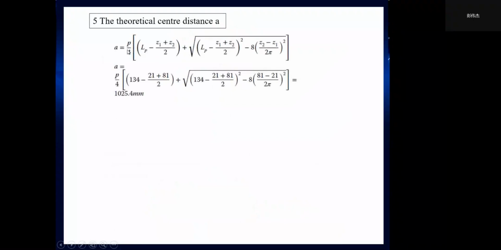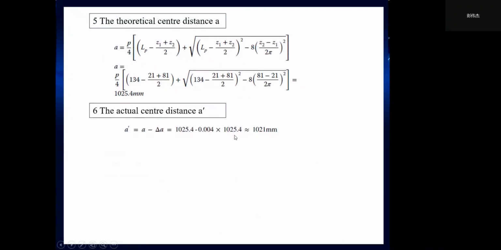Then to modify the actual center distance, calculate the theoretical center distance A, then modify A to the actual center distance A prime.